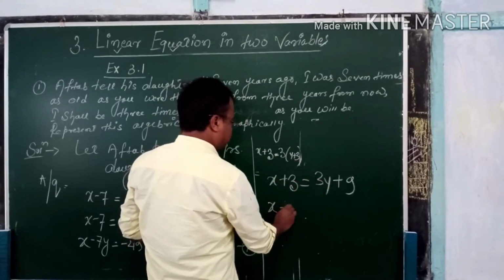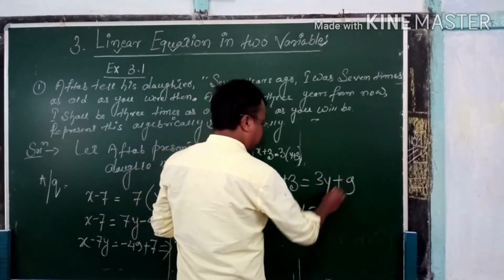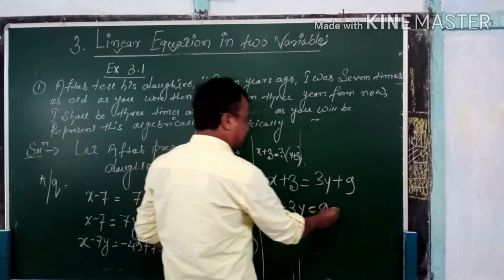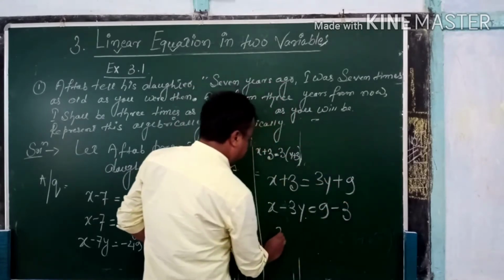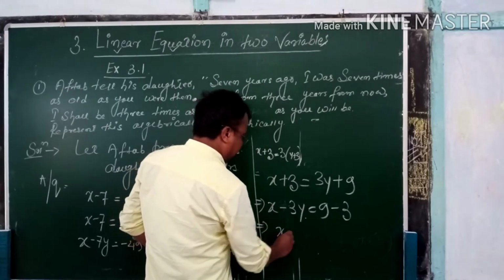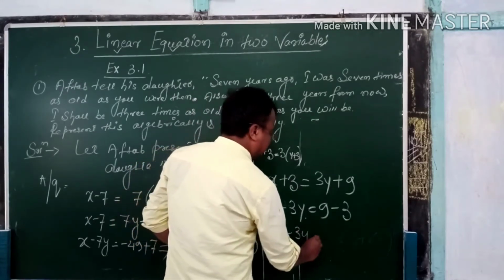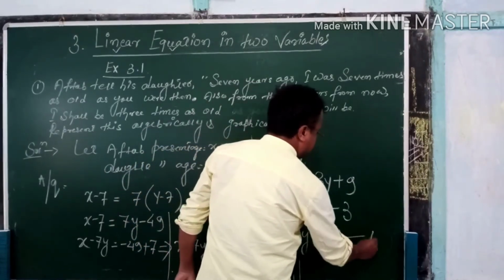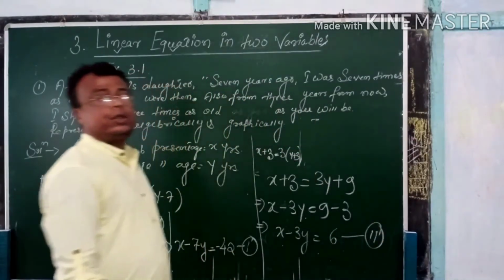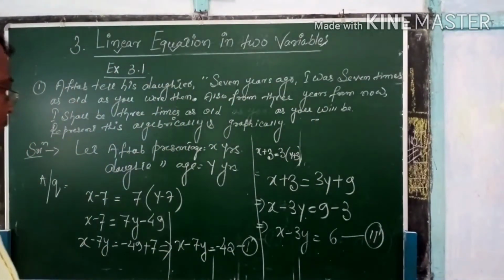Transpose this one, so this is minus 3y is equal to 9, and this 3 transposed to that side becomes minus 3. So x minus 3y equals 9 minus 3, 6. This is equation number 2. So we got our equation number 2.